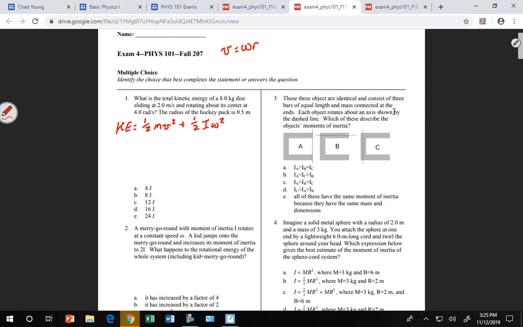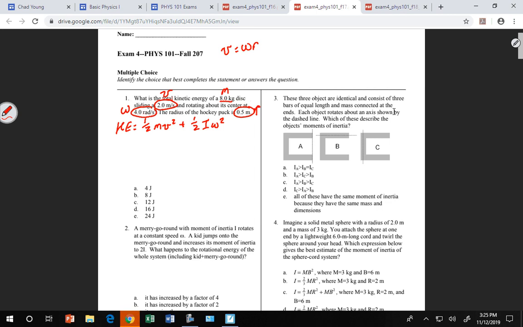So in this one, I know the mass, there's m. I know the speed, v. And I also know omega is 4 radians per second. And then I also know r. I was kind of nice in this problem because I gave you both v and omega.